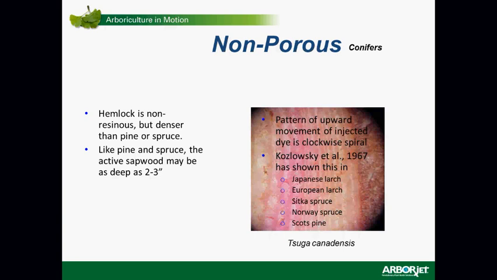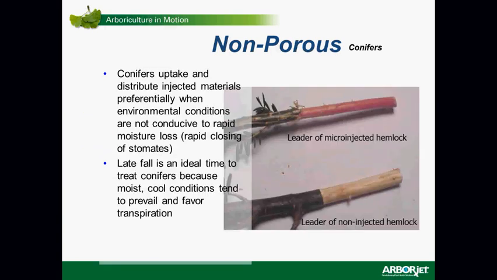But conifers are a little bit different than the hardwoods. The injected movement of dye tends to be in a clockwise spiral around the tree. And some of the research done by Kozlowski looked at larches and spruces and documented some of that.